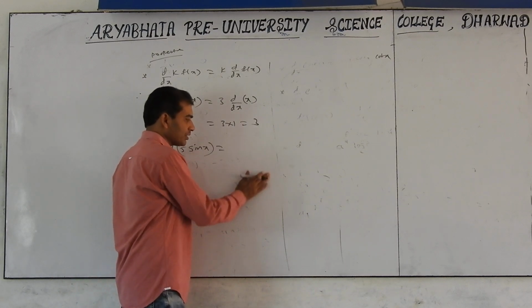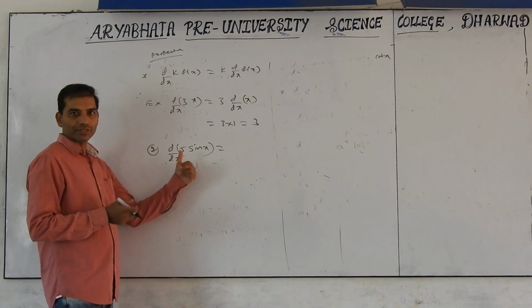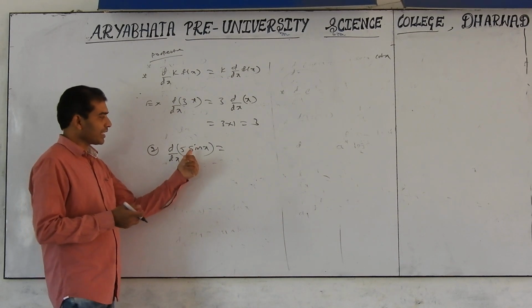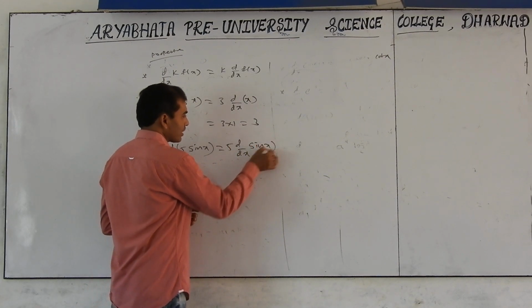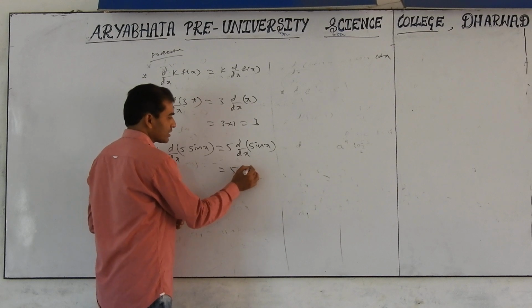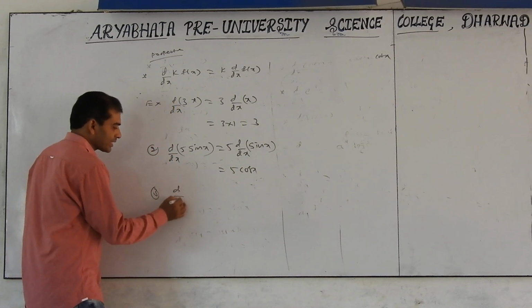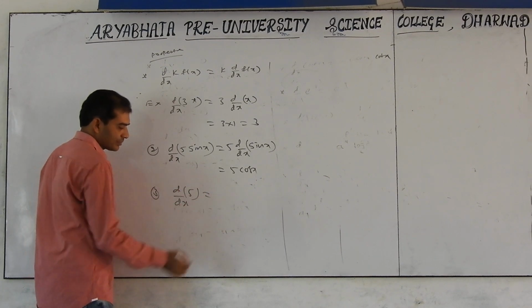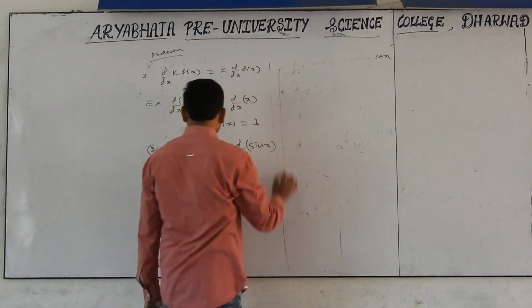Maths has separate rules, and only those rules should be followed. Why use your own rule? d by dx of 5 sin x: take 5 out, d by dx of sin x. The derivative of sin x is cos x, so 5 cos x. Third one, d by dx of 5 is 0 because it is a constant.